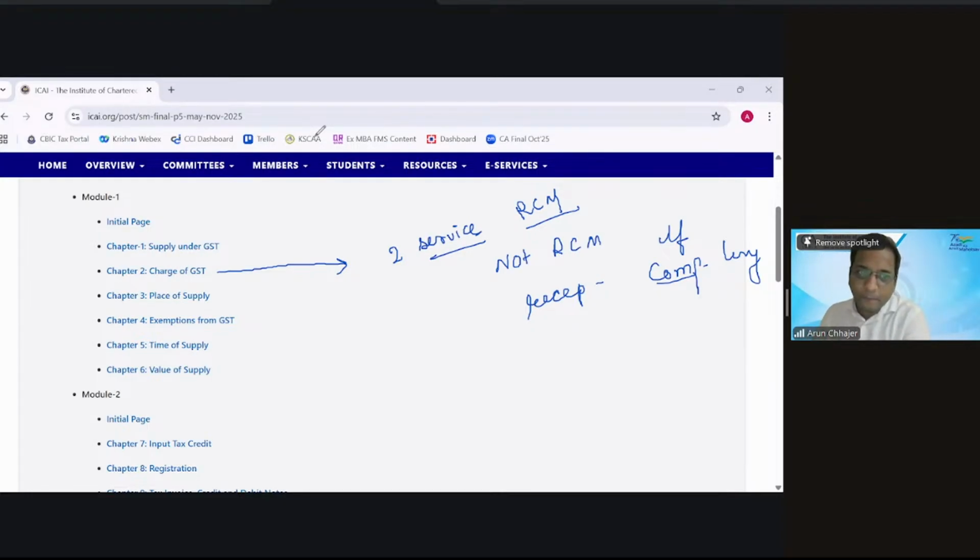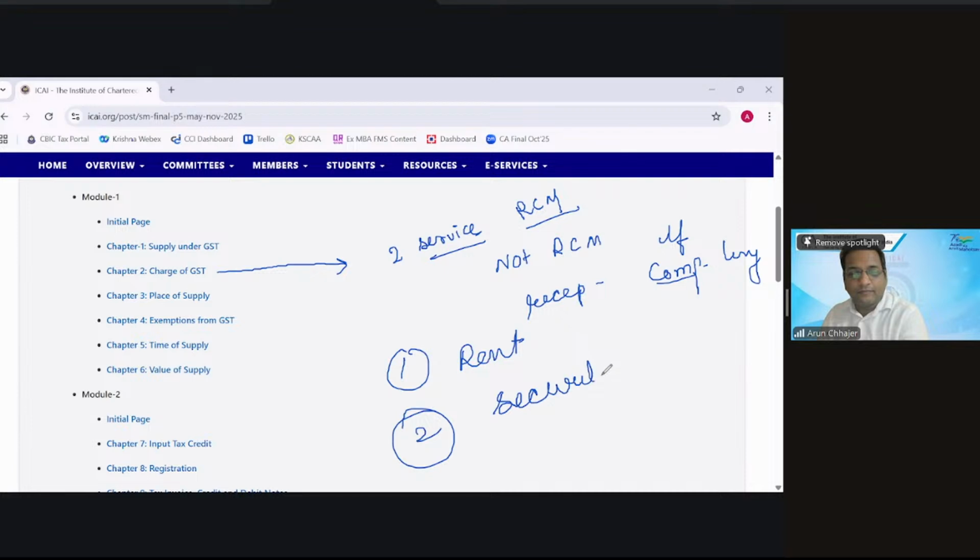Any idea? No. First is rent, that you have correctly told, and second is security service. You remember, security service, if it is given to a composition dealer, then it will not be under RCM.